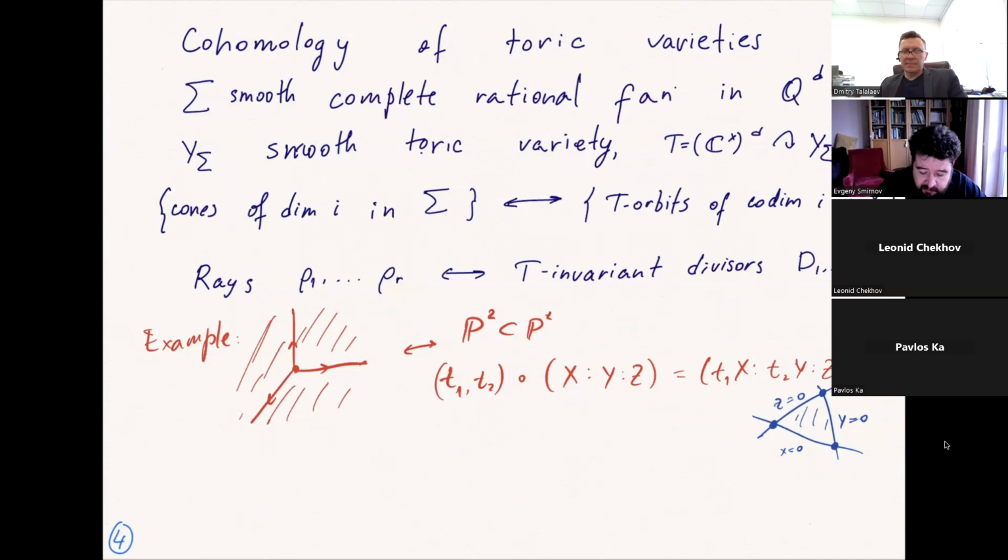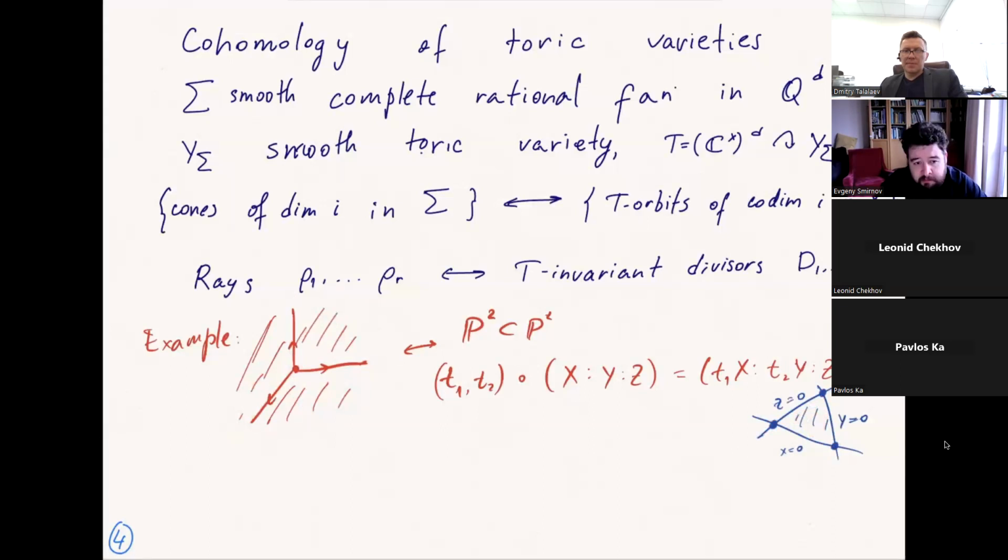So you see these lines, in fact, are going to correspond to these rays on my picture. These T-stable points are these two-dimensional cones, and there is one big cell corresponding to the origin. So this is the correspondence.